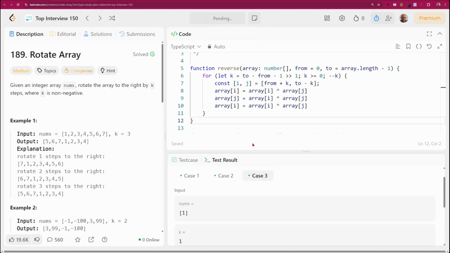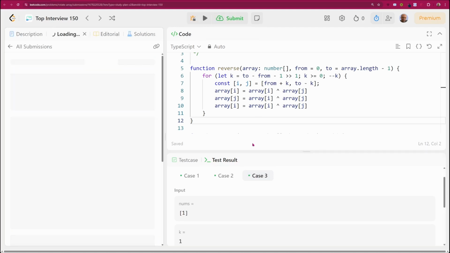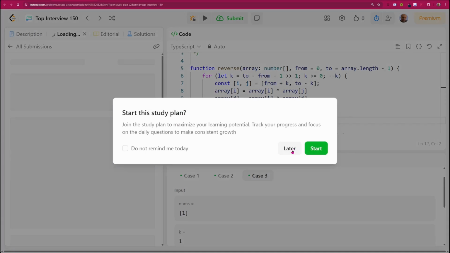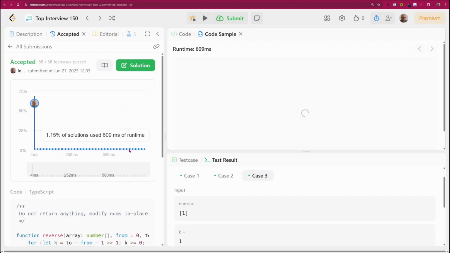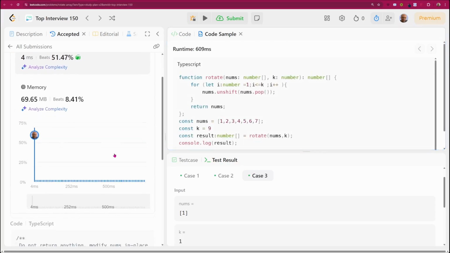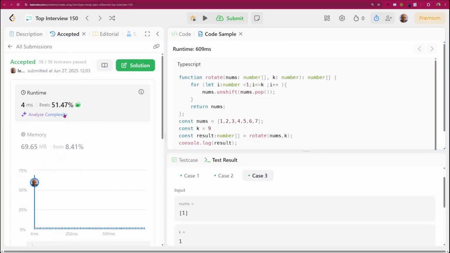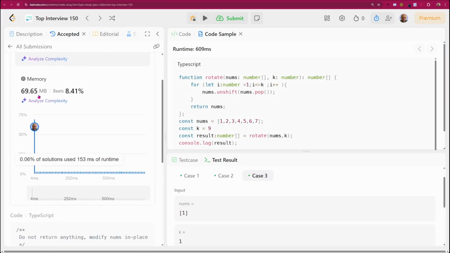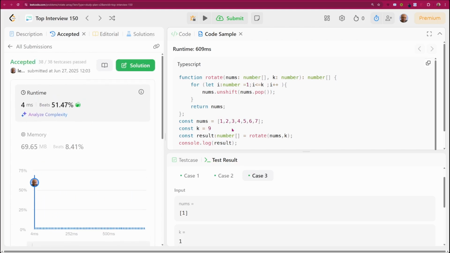Try to submit it now. Okay, waiting for the verdict. Okay, so 4 milliseconds. We've beaten roughly half of the other implementations. Memory is 69, so we've beaten not many, just 8%.